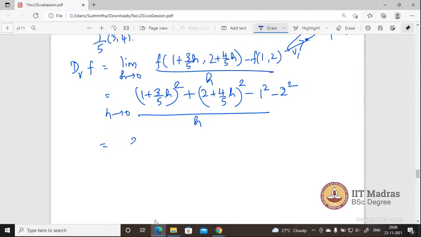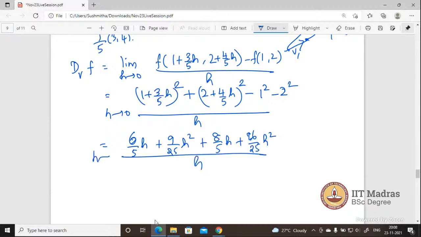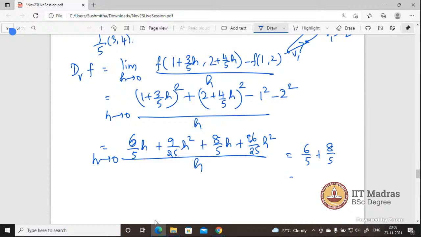I'll get 6 by 5 h plus 9 by 25 h squared, plus 4 gets cancelled, 8 by 5 h plus 16 by 25 h squared, by h as h tends to 0. I'll get 6 by 5 plus 8 by 5. Right?